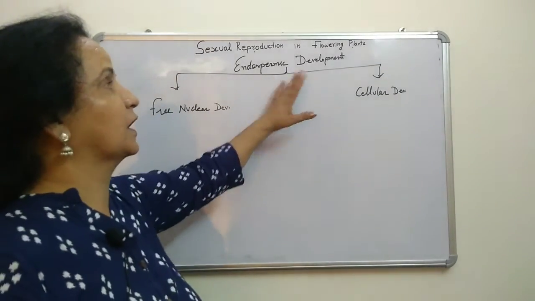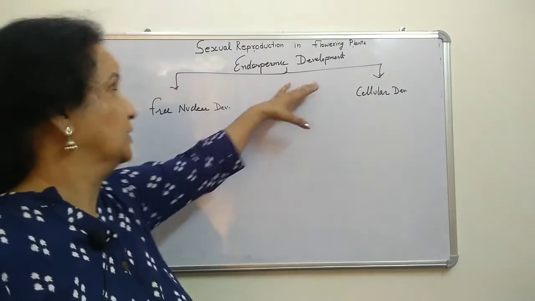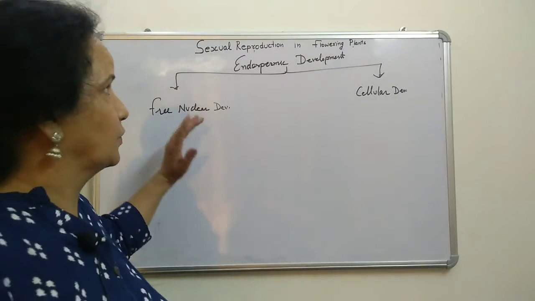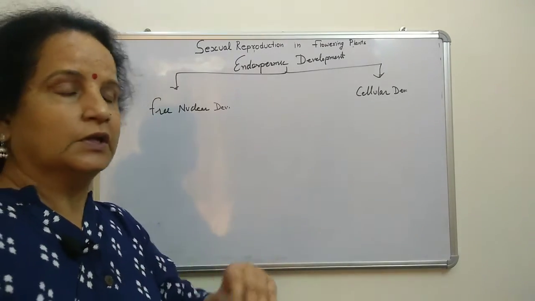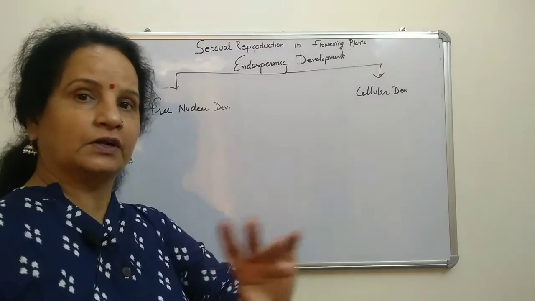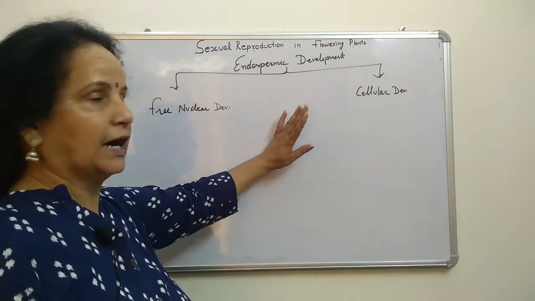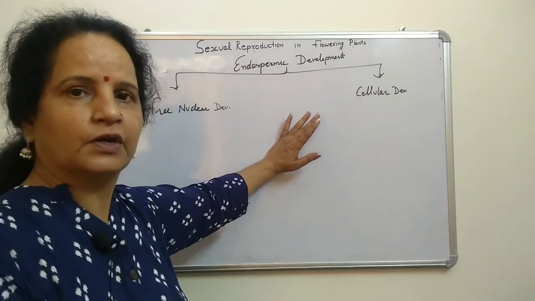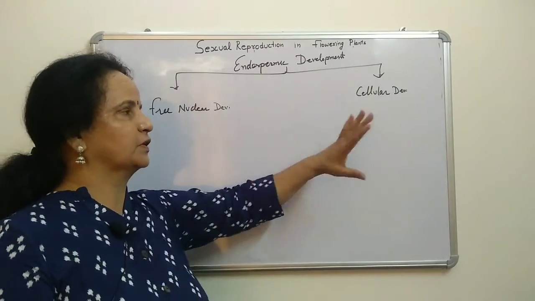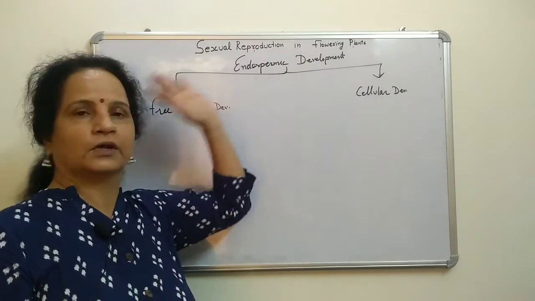One is free nuclear, means first of all there is no cytokinesis and no cellular structure is formed. Then the nucleus undergoes mitotic division, because only at the time of gamete formation does meiotic division take place. The rest of the development is through mitotic division.